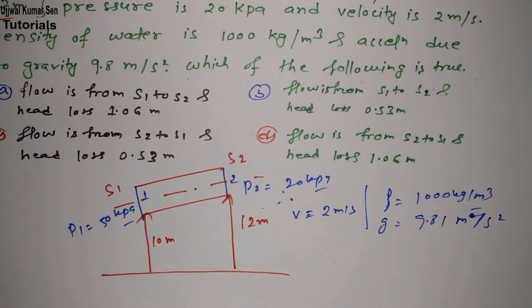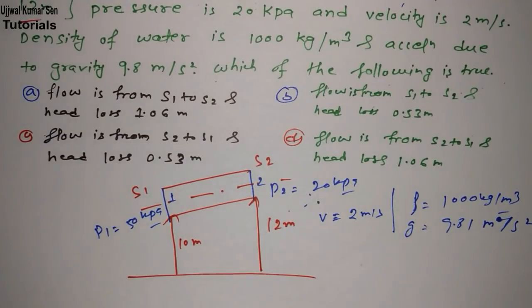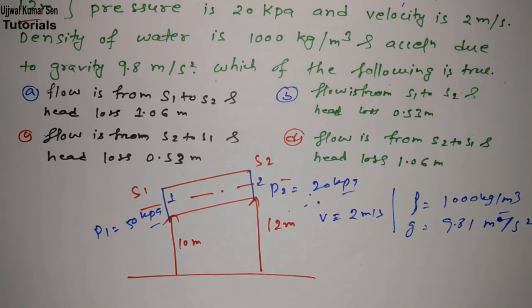Now, which of the following is true? They have given statements in this question, which we have to go through: flow is from S1 to S2 and the head loss is this much, or flow is from S2 to S1. We don't know from here which way it is flowing, but we have to find out.